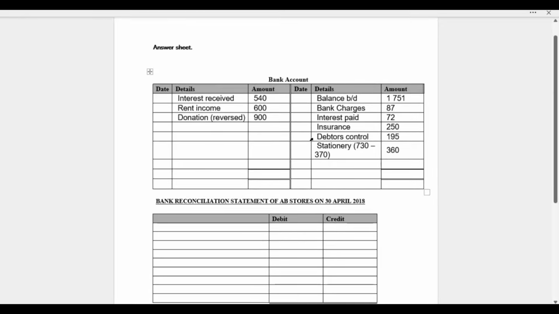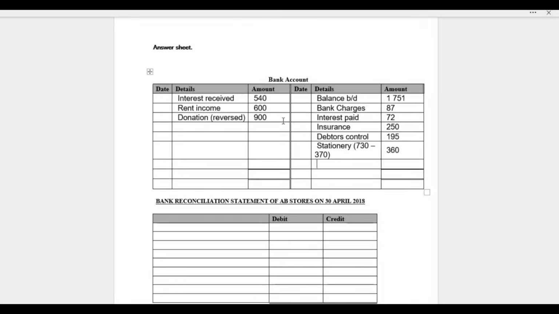Now we need to check which side is bigger, and by the look of things, the bigger side should be the credit side. It's going to be 1,751 plus 87 plus 72 plus 250 plus 195 plus 360.